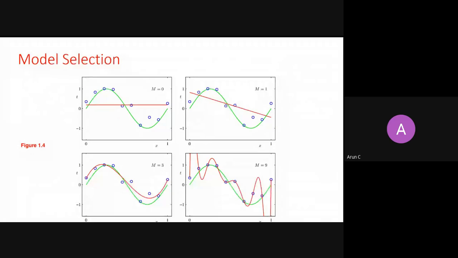If you take m equals to 9, how will it create trouble for you? Let's say we have a new data point, then on that data point this m equals to 9 can give a huge amount of error there, or it can treat that data as an outlier.